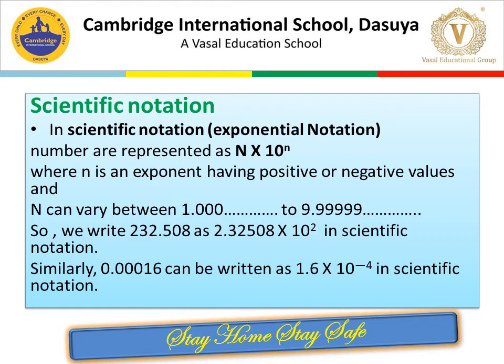So what we see is the power of 10 is the same as the decimal places which have shifted. It can be either negative or positive depending on which direction we are shifting the decimal places.